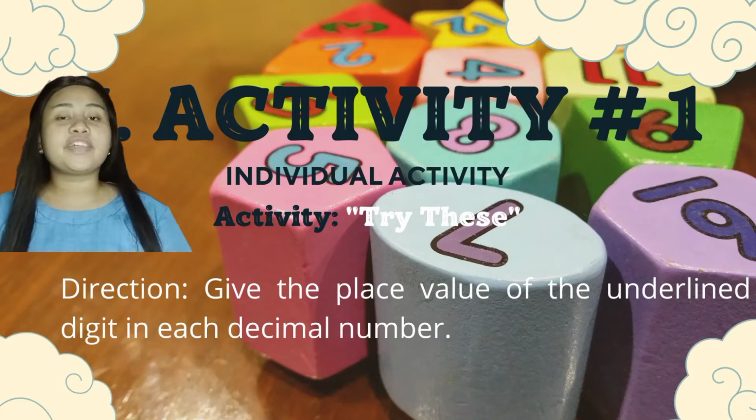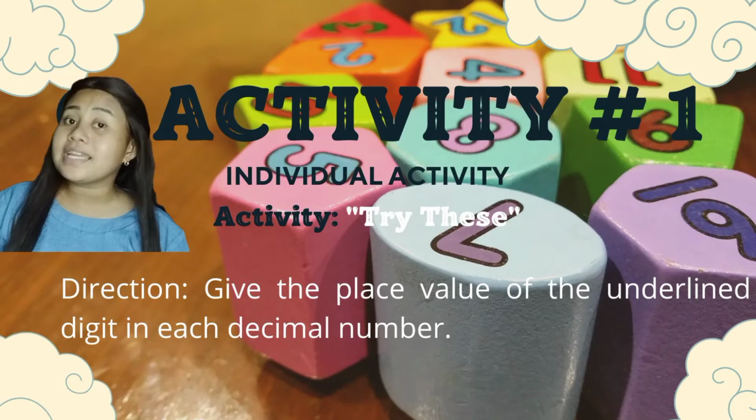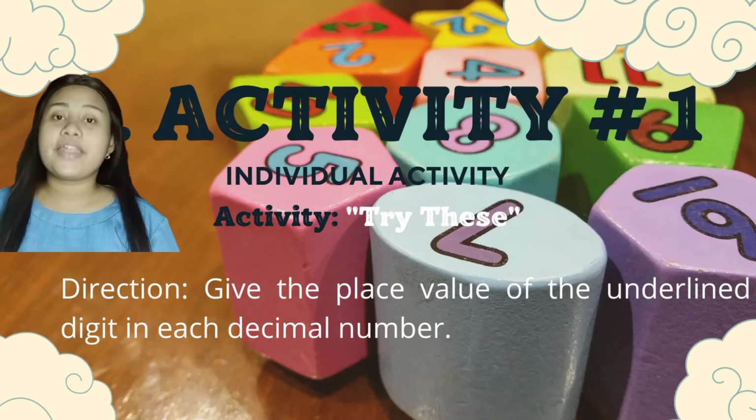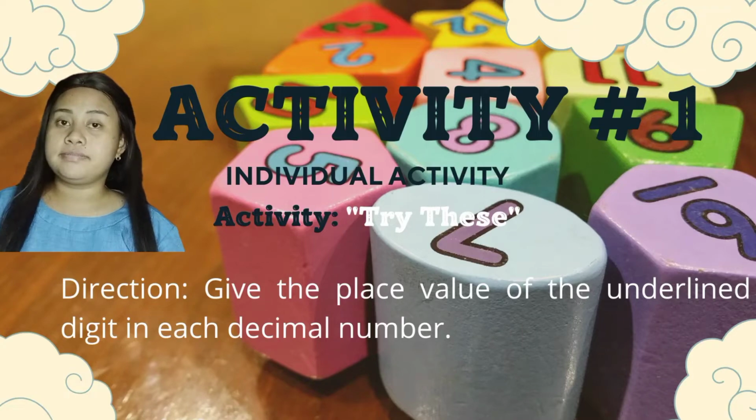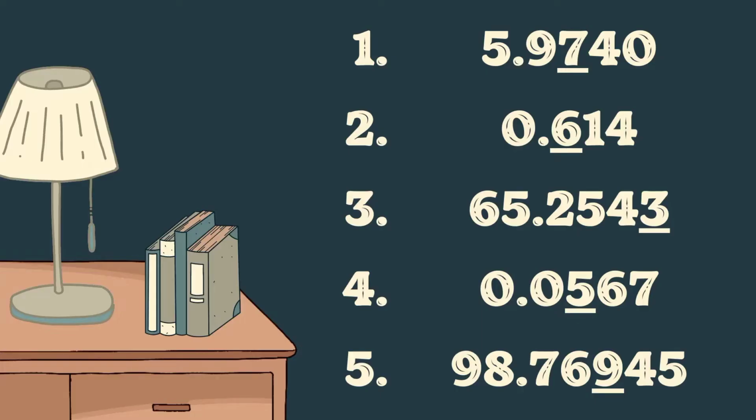Let's start. Direction: Give the place value of the underlined digit in each decimal number. For number 1, we have 5.9740. Again, the underlined digit is number 7. For number 2, we have 0.614. The underlined digit is number 6.